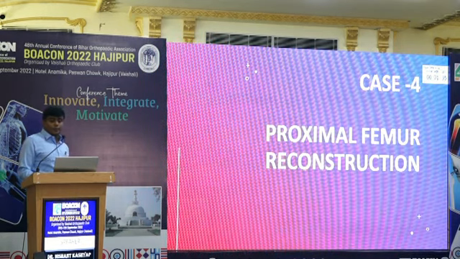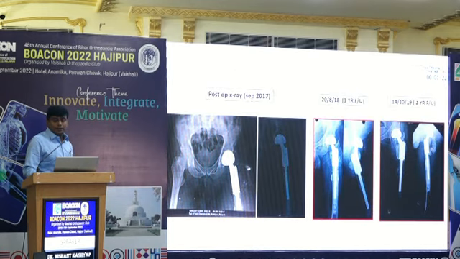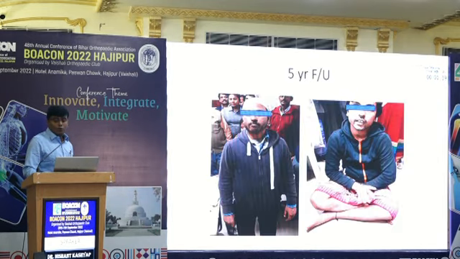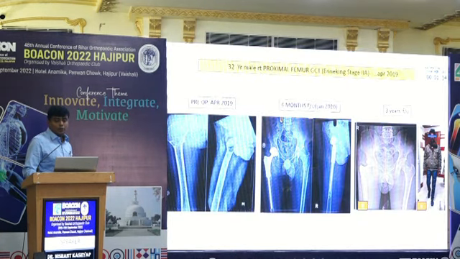Another case of proximal femur reconstruction, a 35-year-old male, elsewhere treated for pathological fracture of the intertrochanteric region with DHS with implant failure, diagnosed as GCT of the left proximal femur, in stage 2B with implant in situ. We managed this case, 1-year follow-up, 2-year follow-up, 5-year follow-up. This is another case, proximal femur reconstruction, a 32-year male, in stage 2A, operated in 2019.